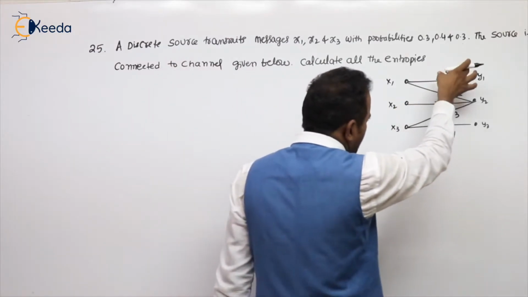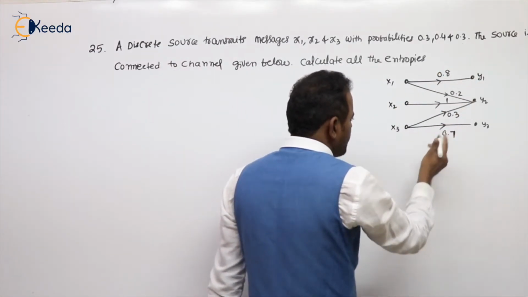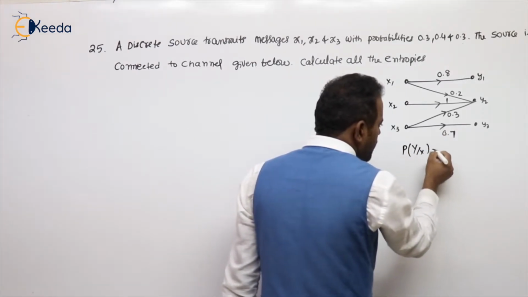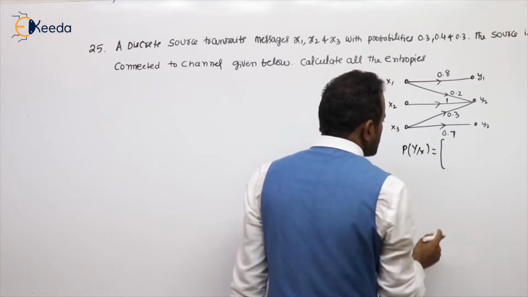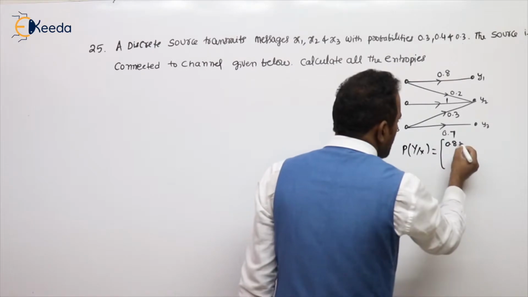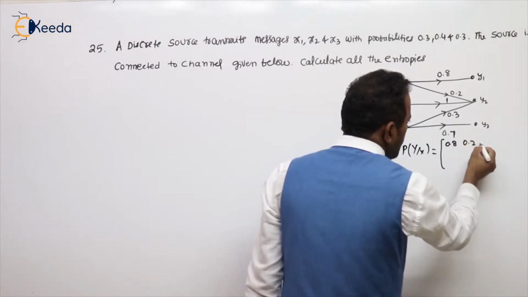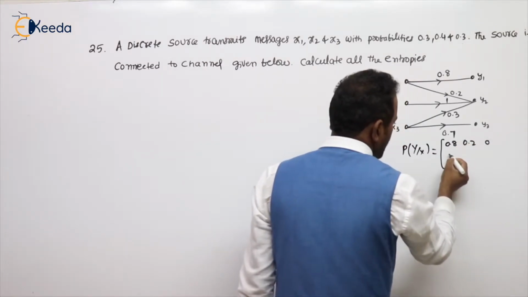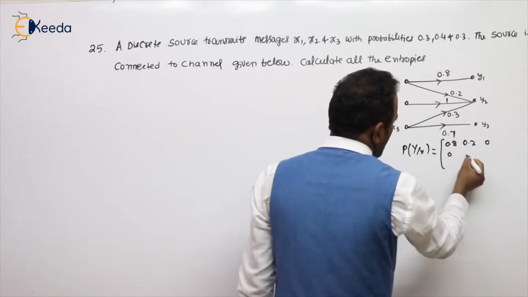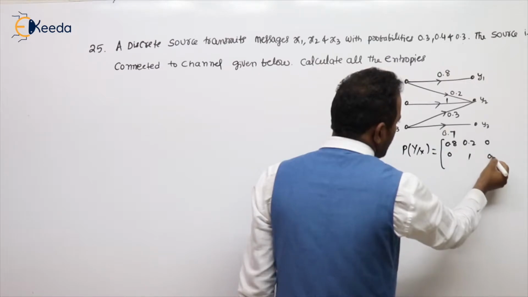So first, from the given channel itself, you can write the Y by X matrix, the conditional probability matrix. What is Y by X? y1 by x1, y2 by x1, y3 by x1. Next, y1 by x2, y2 by x2, y3 by x2.